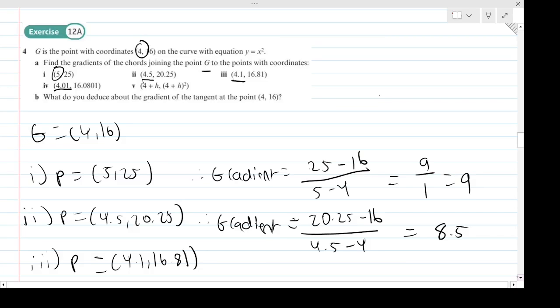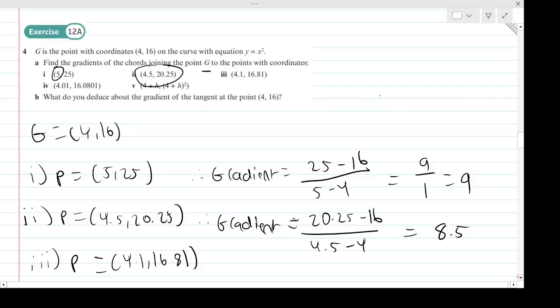I'm making this point P closer to the point G to get a more accurate gradient of the tangent, the gradient of the curve at G, right? That's the whole idea. I'm shrinking the gap between this point G and another point.